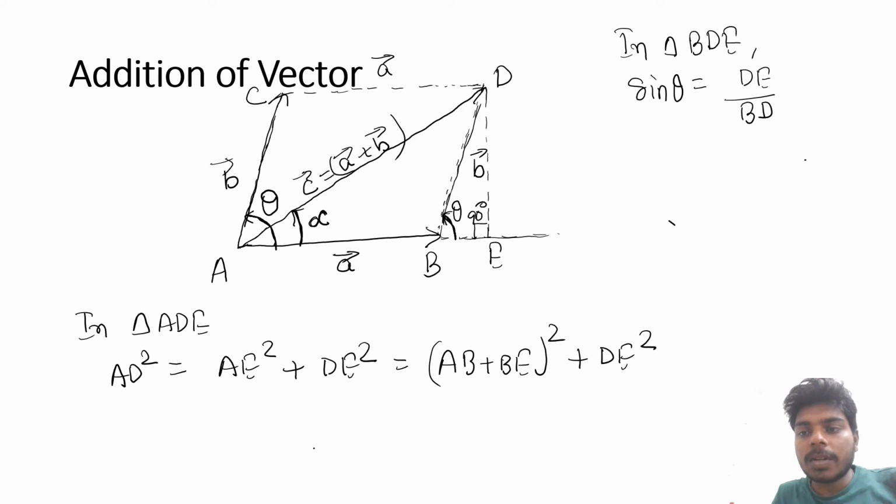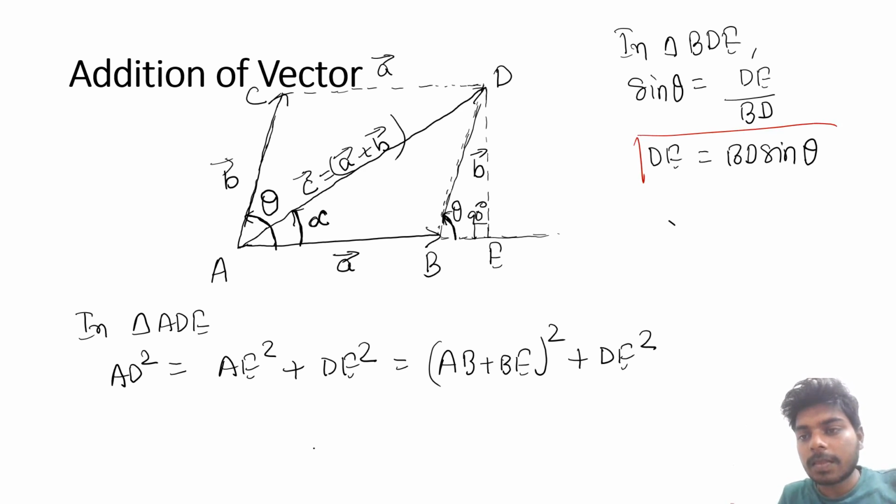That means what we need here? DE. तो DE will be BD sin theta. One thing came, this is what I need there.